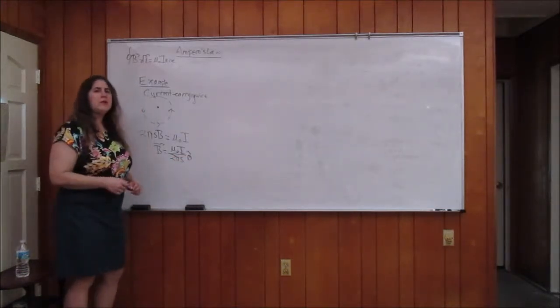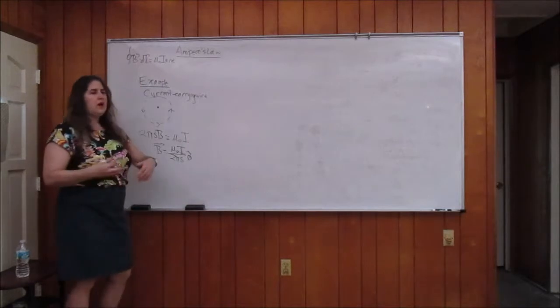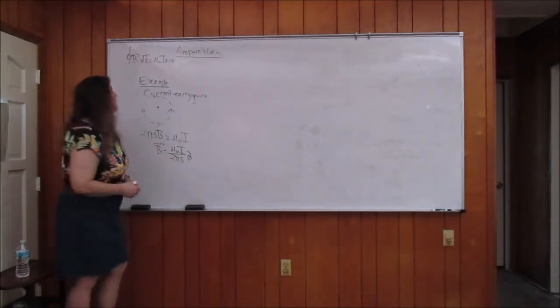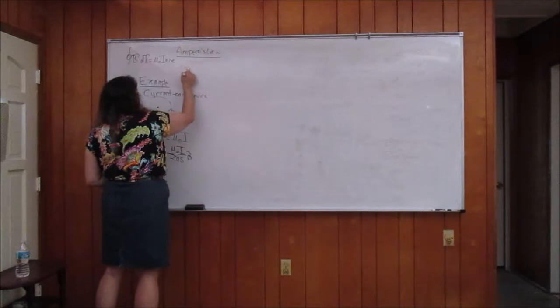There's another way of determining the direction of the magnetic field rather than just automatically applying the right-hand rule. Let's look at the Biot-Savart Law.